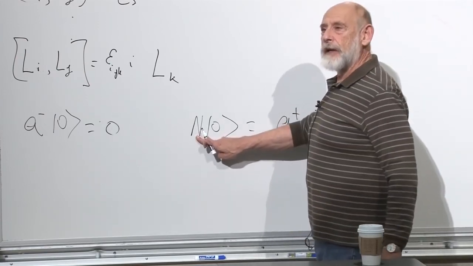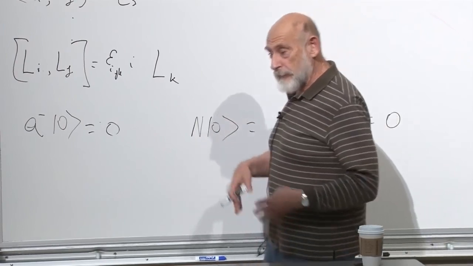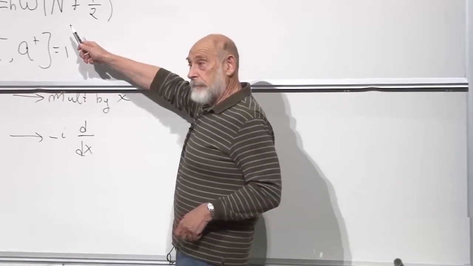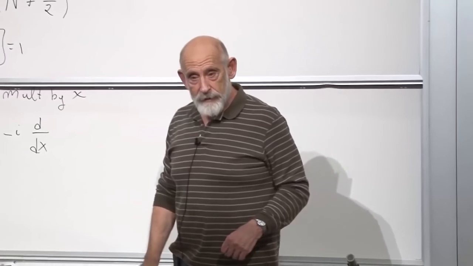It's an eigenvector of N with 0 eigenvalue. So the bottom state has to have 0 value of N. Okay. That's an abstract argument, but yeah.